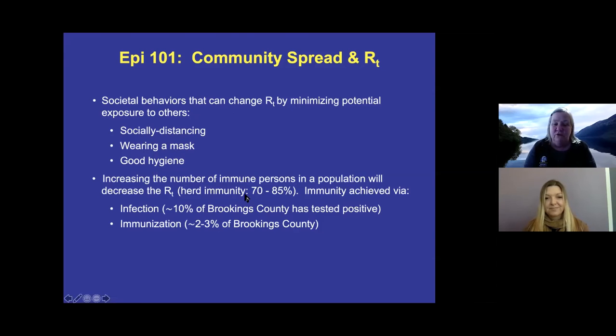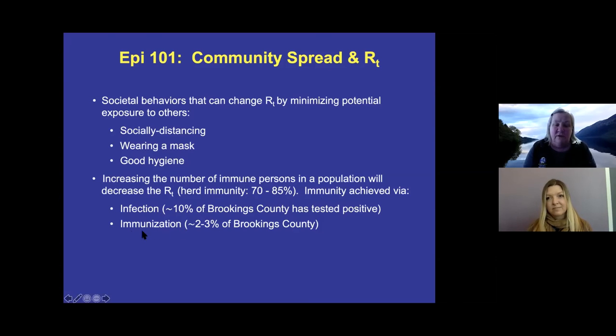And herd immunity, we've talked about before. They're thinking now 70 to 85% of the population needs to be immune in order for this to happen. And you can get immunity two ways. You can either get it through being infected, and about 10% of Brookings County has tested positive, not very close to the 70 to 85%.